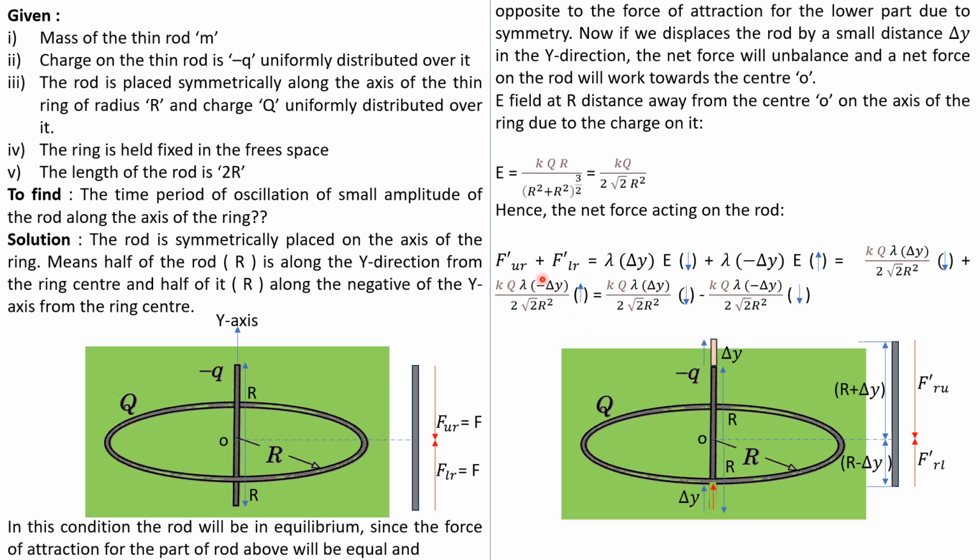F prime on the upper part of the rod, U stands for upper, R is rod, L stands for lower, R is rod, will be lambda times delta y. Lambda is the linear charge density on the rod. Only this much change has come, so the force will increase in this direction by lambda delta y times E.